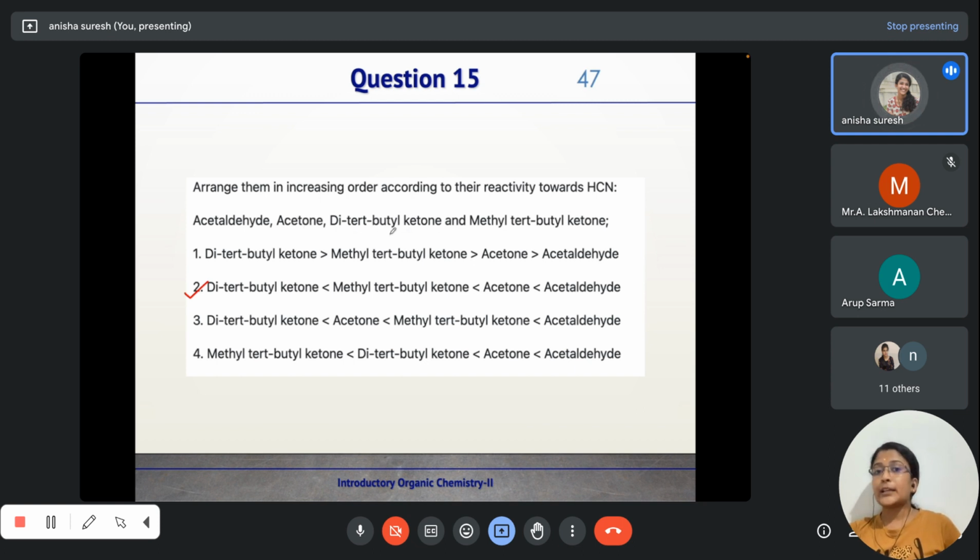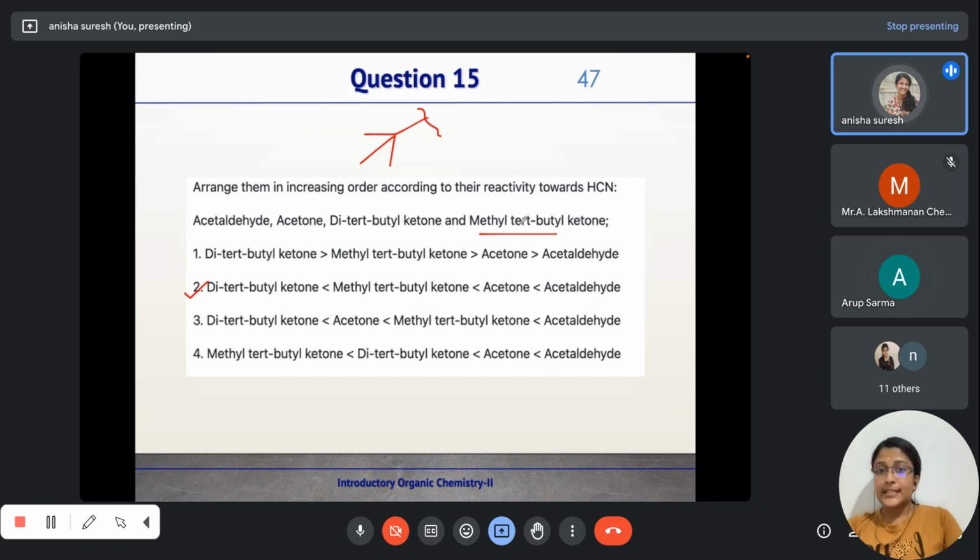In case of di-tert-butyl ketone, we have the tertiary butyl group, which has 3 CH3s. So this is more electron releasing than a normal CH3. Di-tert-butyl ketone will have 2 tertiary butyl groups, and in methyl tert-butyl ketone, 1 tert-butyl and 1 methyl group will be present.